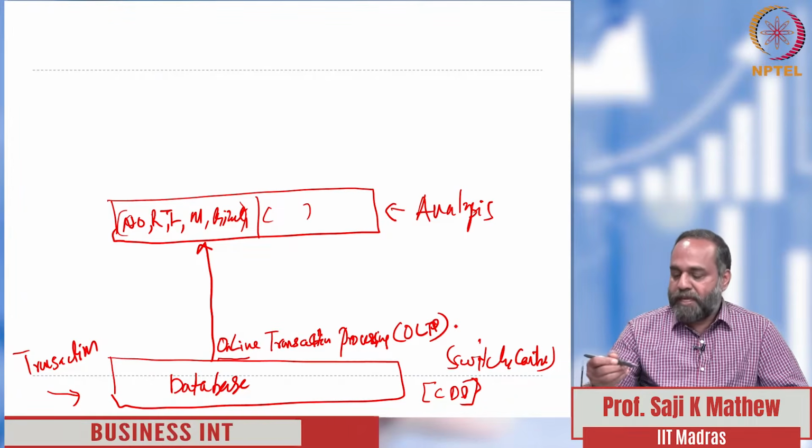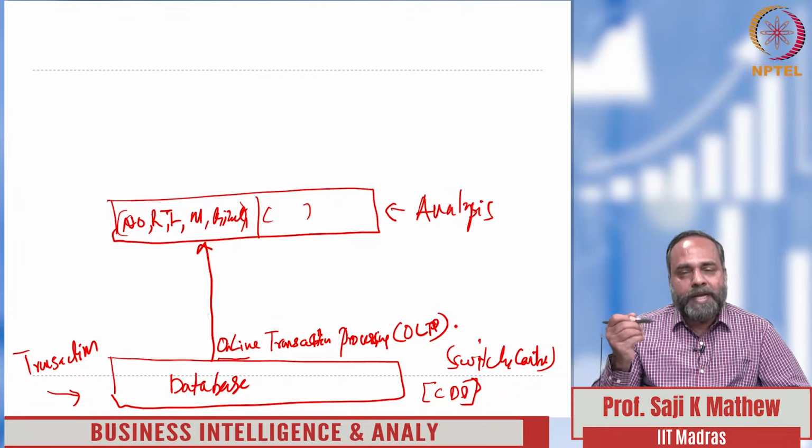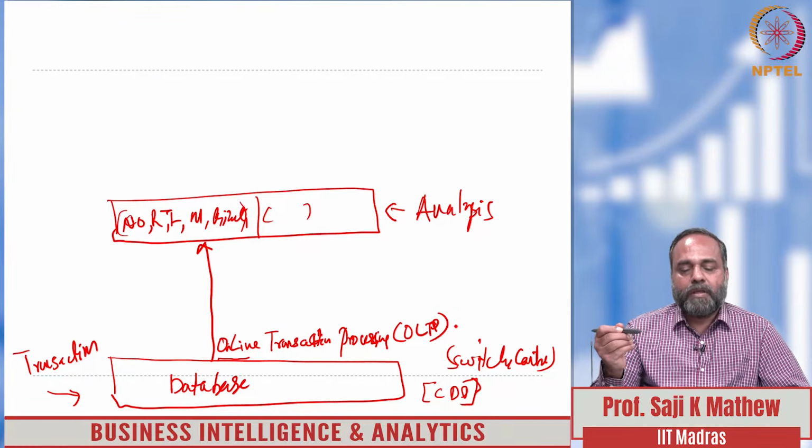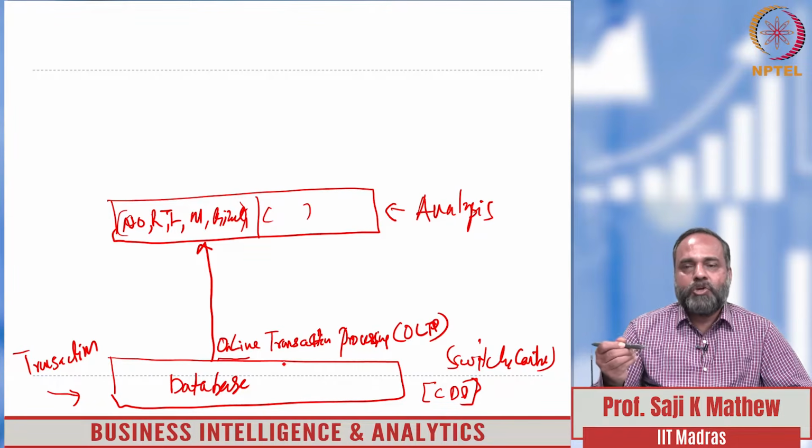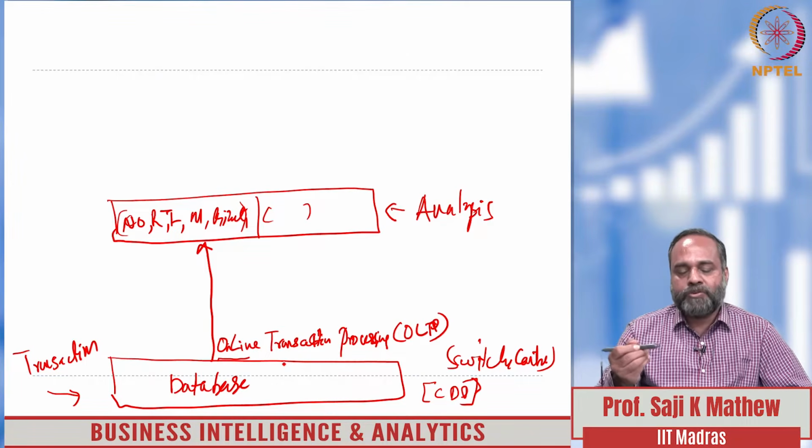And generally, if you want to do data analysis, modeling, etc., you don't directly work with a transactional database. Okay? You don't directly query a transactional database for building even MIS reports. You try to create another copy of the database and work with that database. Okay?